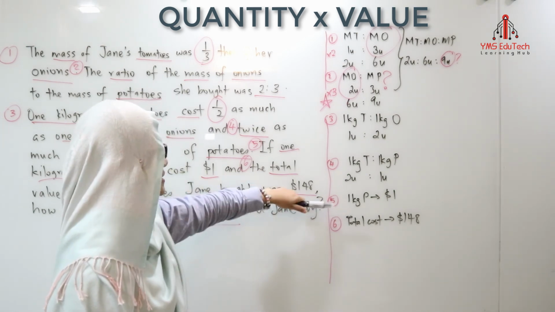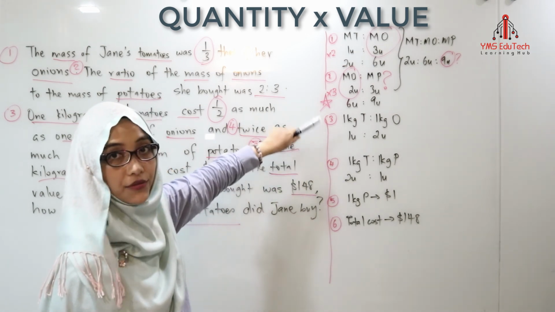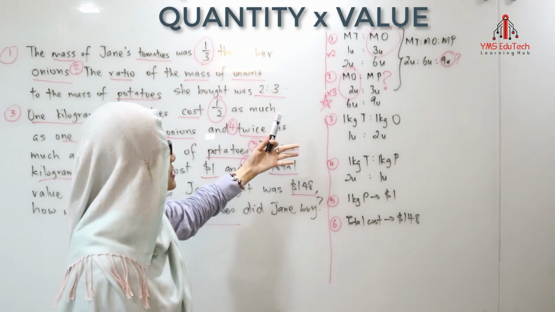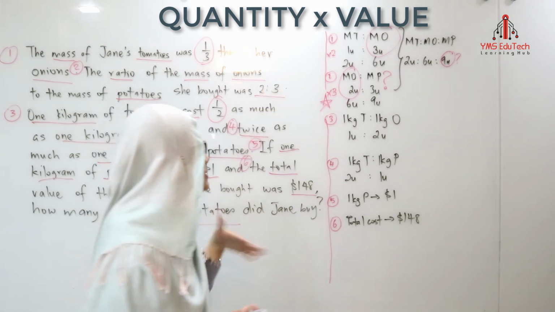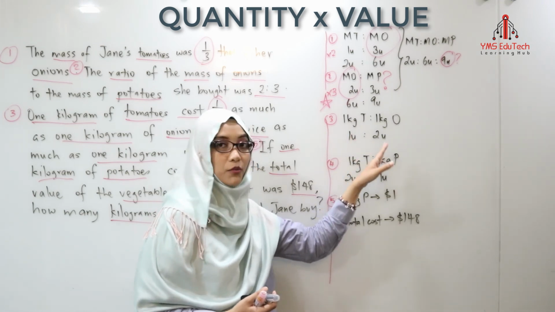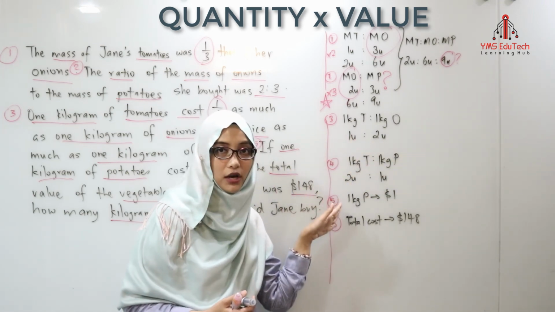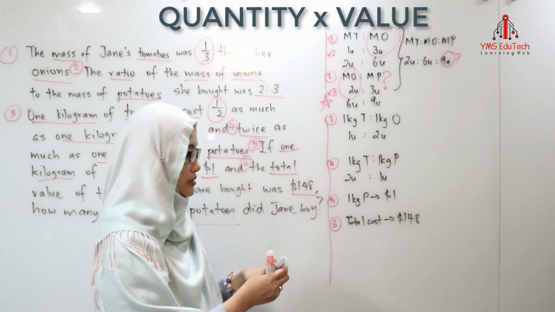Next, let's look at information 3 and 4. Can I relate information 3 and 4? Yes. Just do the same as what I did to information 1 and 2. Why? Because in information 3, I have 1 kilogram of tomato, 1 kilogram of onion. In information 4, I have 1 kilogram of tomatoes again, and 1 kilogram of potatoes.